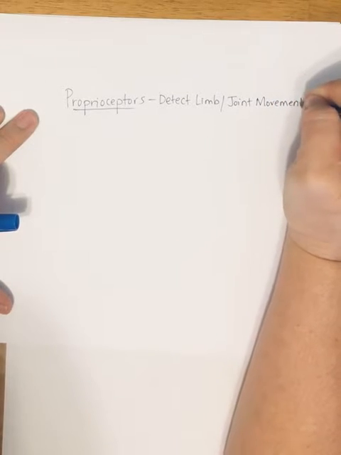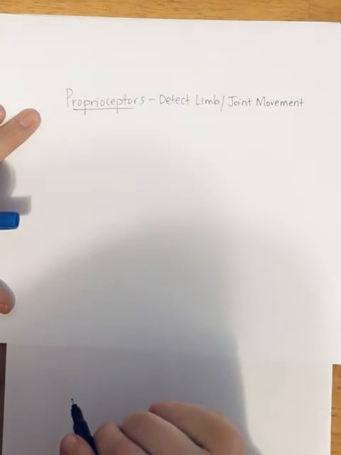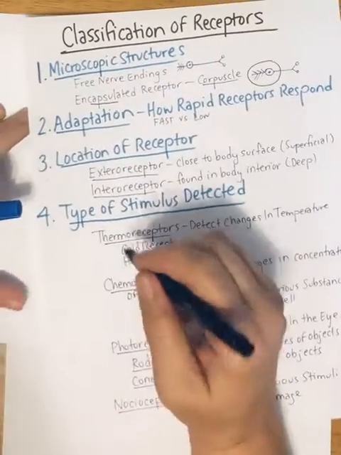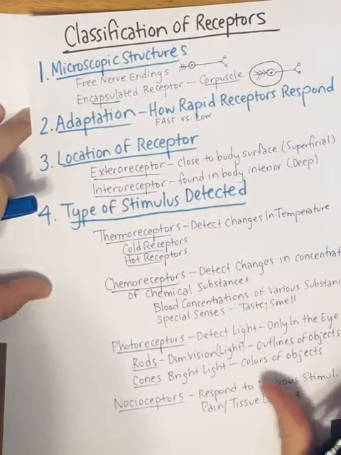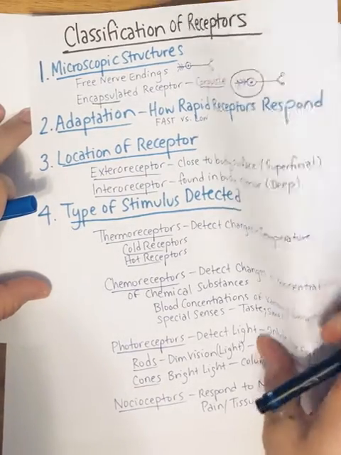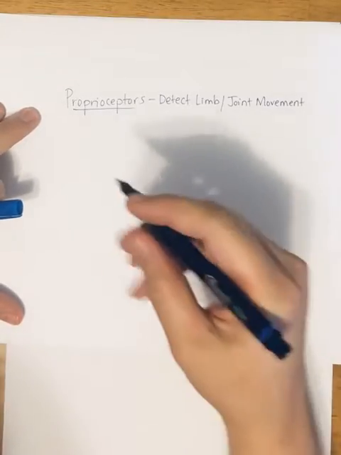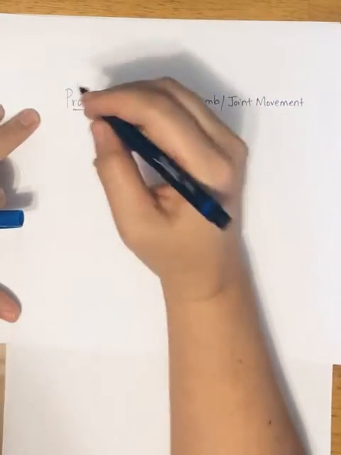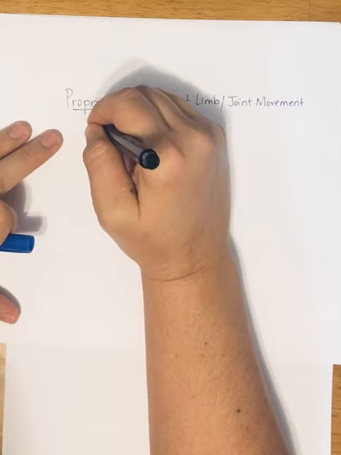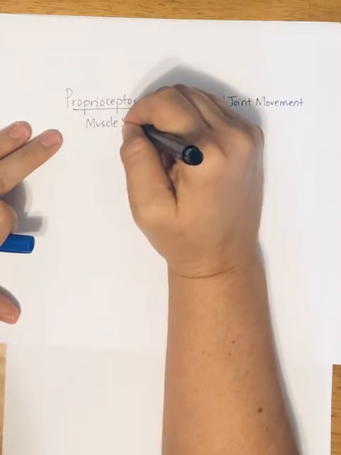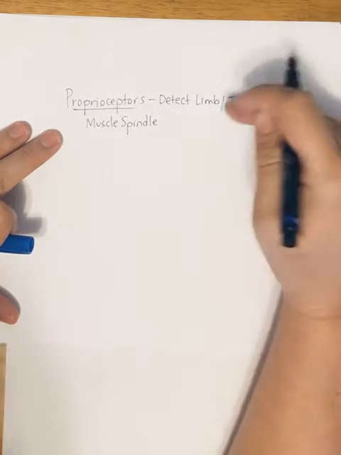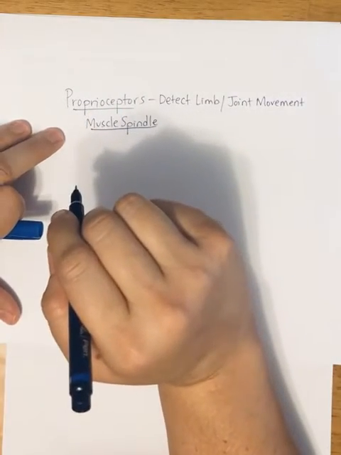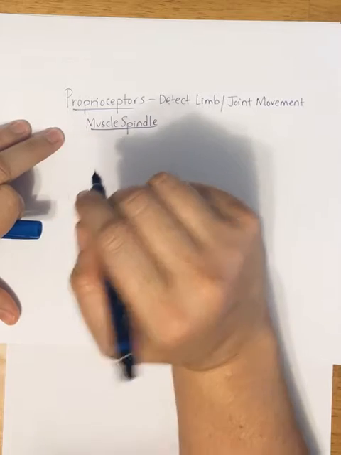So we have two proprioceptors. Some of these have more receptors that go with them: thermoreceptors, hot and cold; photoreceptors, rods and cones. For proprioceptors, for limb and joint movement, this one's going to have receptors called muscle spindles, which are located in muscles of the limbs. That's a type of receptor. These are going to monitor muscle length.